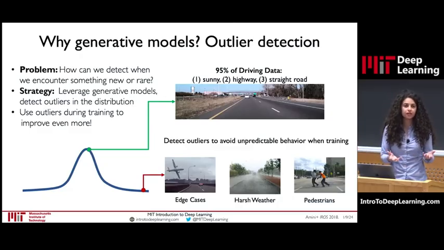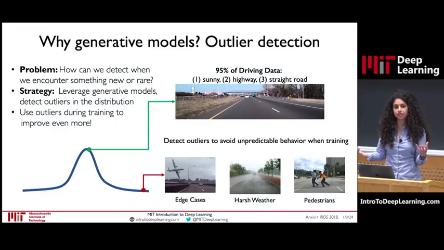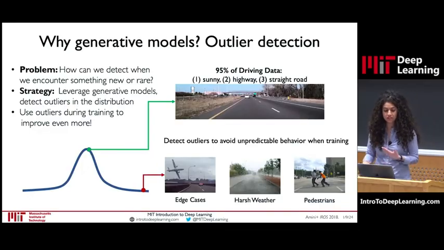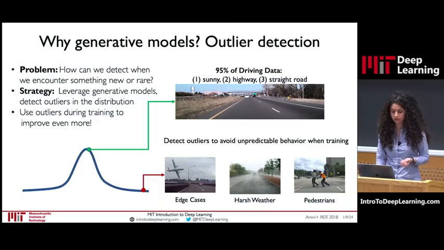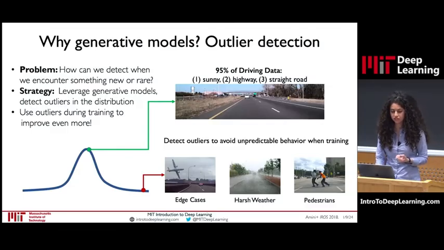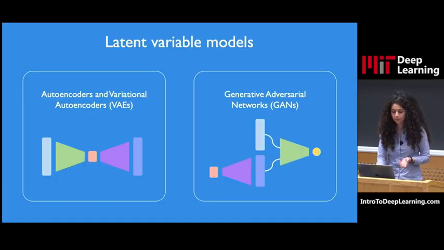You want the model to be robust enough to handle those instances. By modeling this probability distribution, we can automatically detect whether a new observation is an outlier, or whether it falls squarely in the middle of the probability distribution, and then use this information adaptively to improve the model itself.